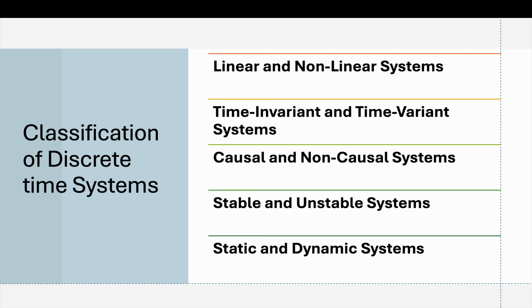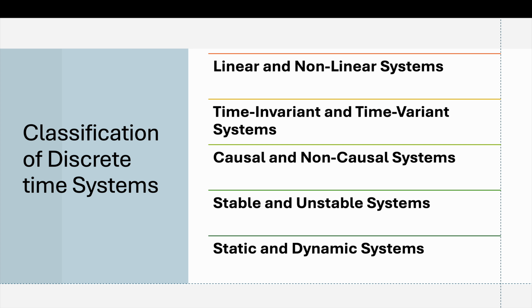A static system is a memoryless system because it doesn't depend upon previous values, it doesn't require memory. If the system depends on any previous or future values, then we call the system a dynamic system. A dynamic system requires memory. So easily we can identify static and dynamic.